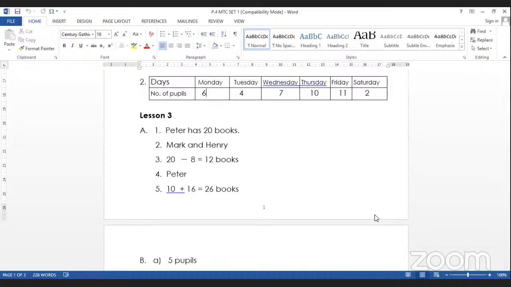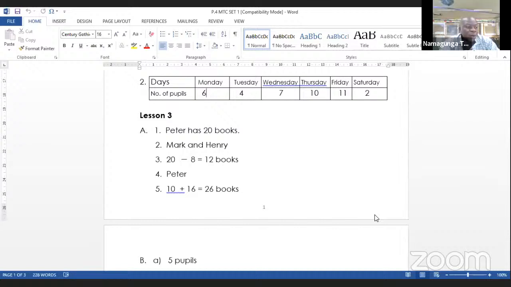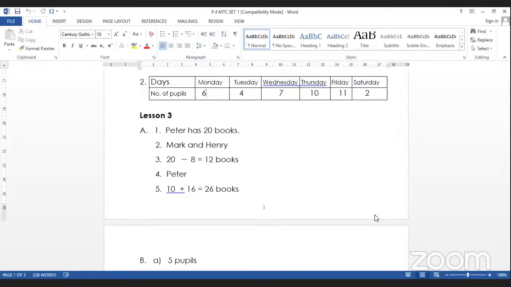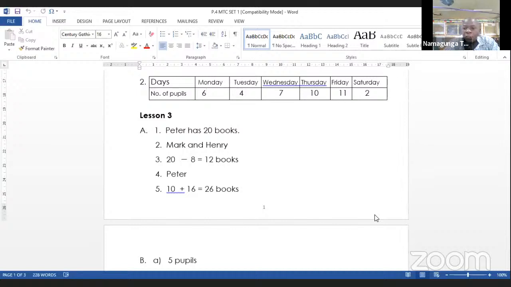Mark and Joseph have 26 books in total. Oh, you have answered number 5 instead of number 4. Okay, it's okay. Number 4, the answer was Peter. It is Peter who has the highest number of books. And number 5 was asking, find the total number of books that Mark and Joseph have.